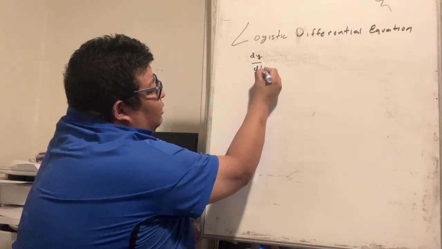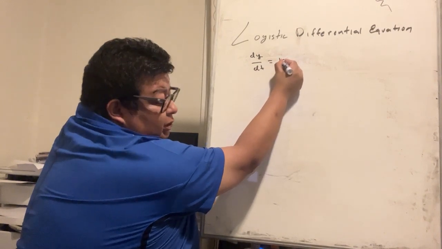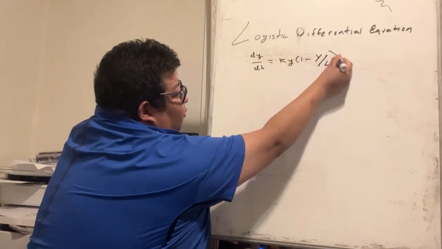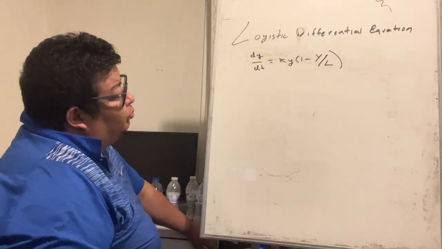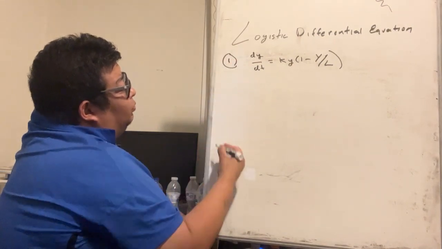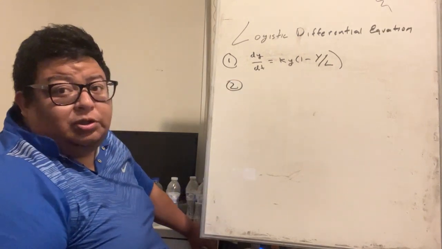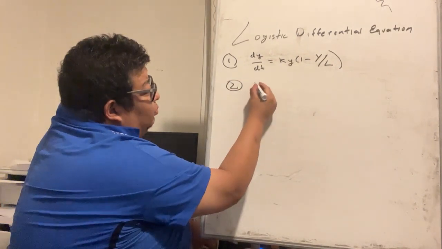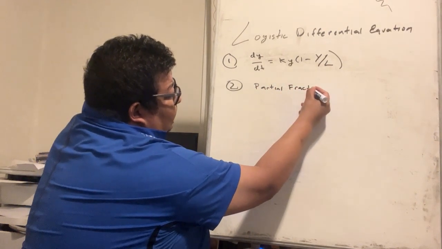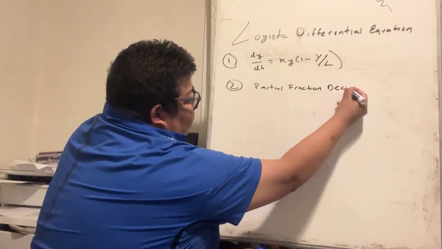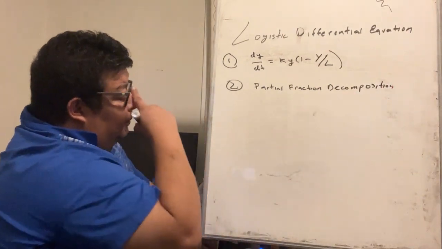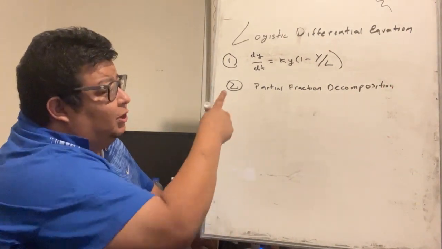The differential equation is dy/dt equals ky times (1 minus y over L). Second, we're going to do partial fraction decomposition on the following term, because we're going to use that to solve the integral.